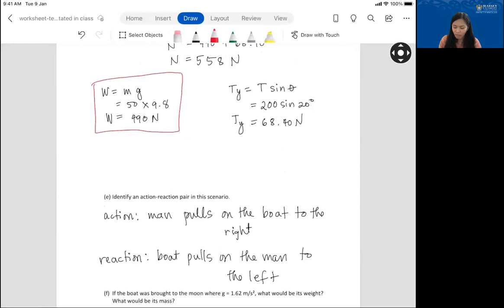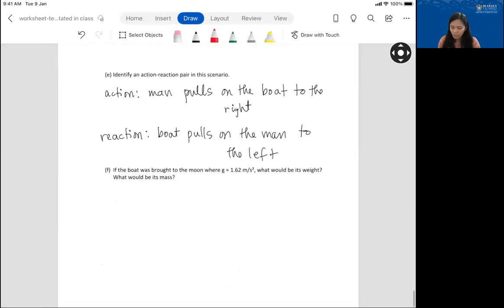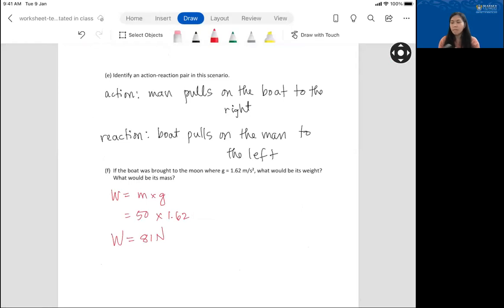Weight is the force that you get when you multiply the mass with gravitational acceleration. So weight is mass times gravitational acceleration g. The mass is 50 kilograms. Now the new g is 1.62 meters per second squared. So the new weight should be 81 newtons.